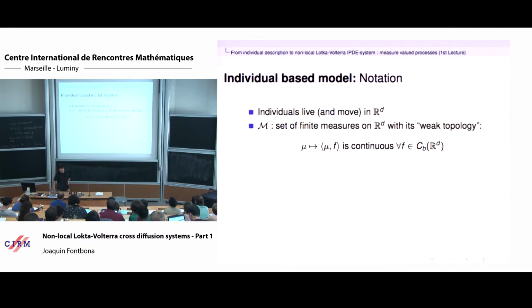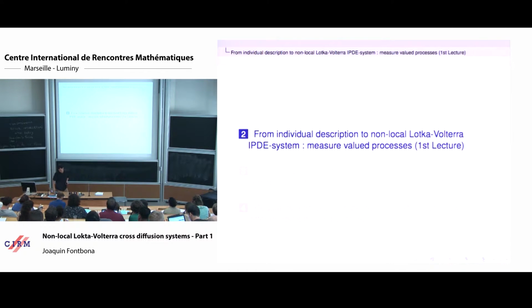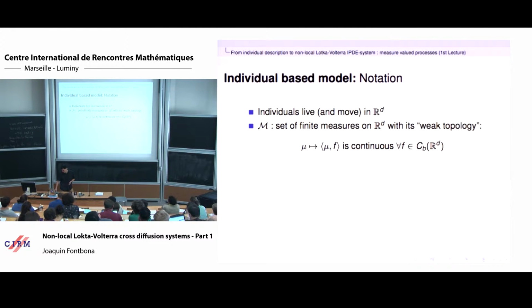Okay. So let's start with modeling these populations at the individual level. We'll assume our individuals live and move in R^d, and we will need to deal with measures on R^d. Why?